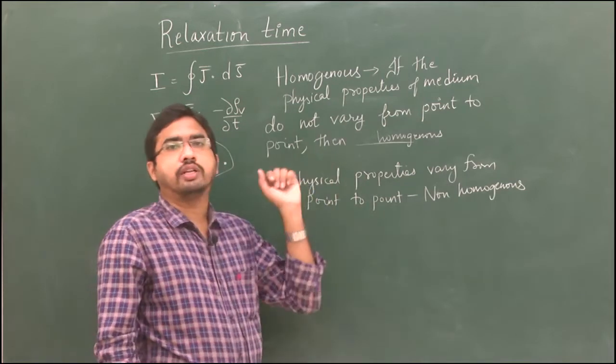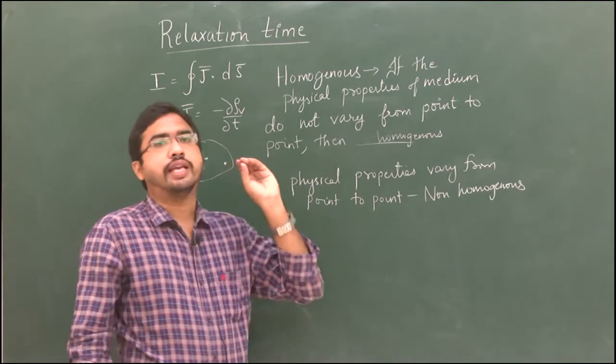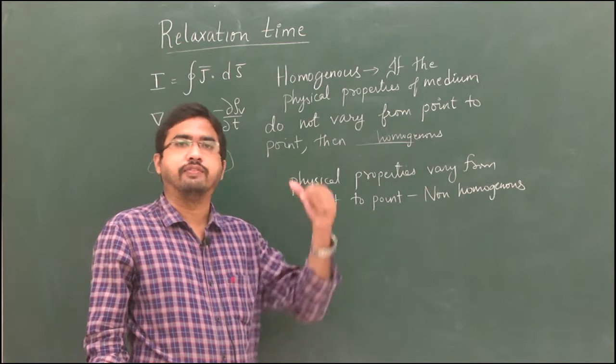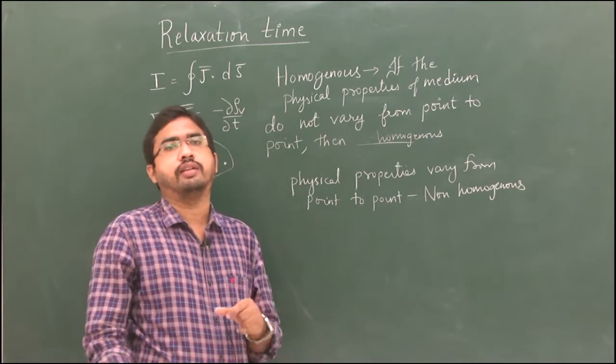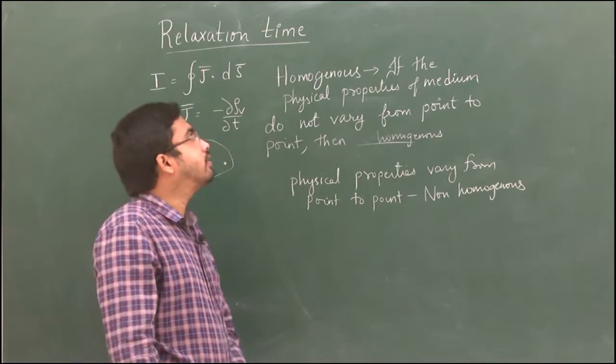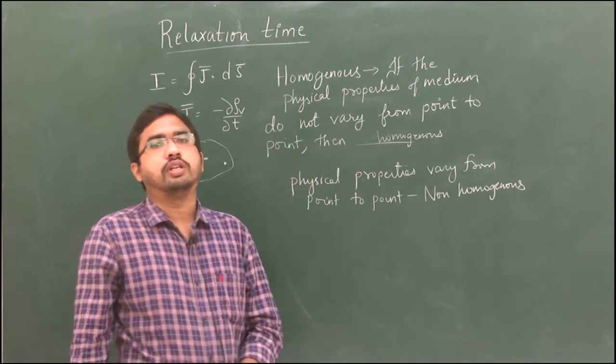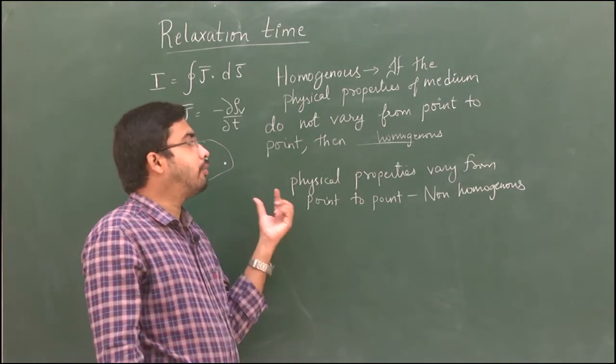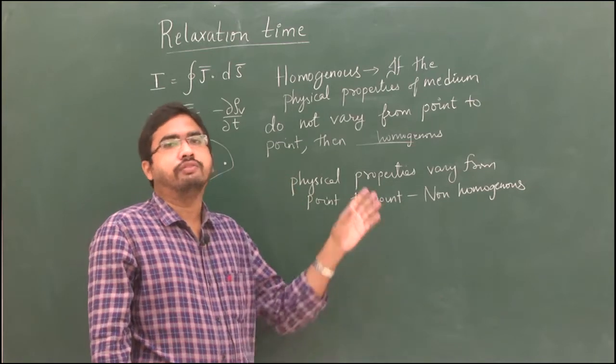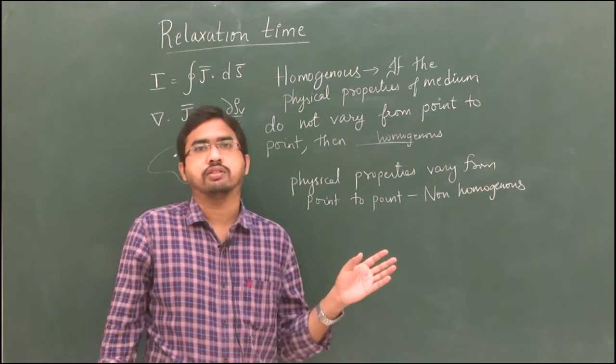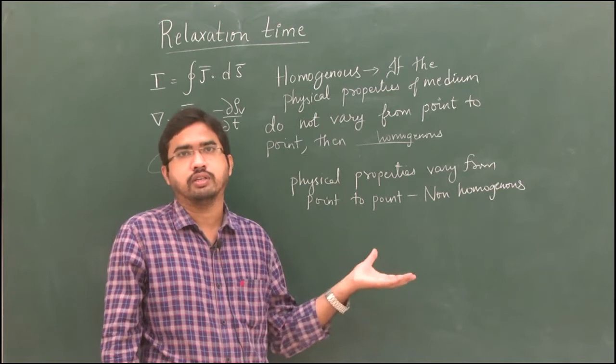If the physical properties of the medium do not vary from point to point, and at every point they remain the same, constant, then such a medium is called a homogeneous medium. If the physical properties go on varying from point to point, then such a system is called a non-homogeneous medium.